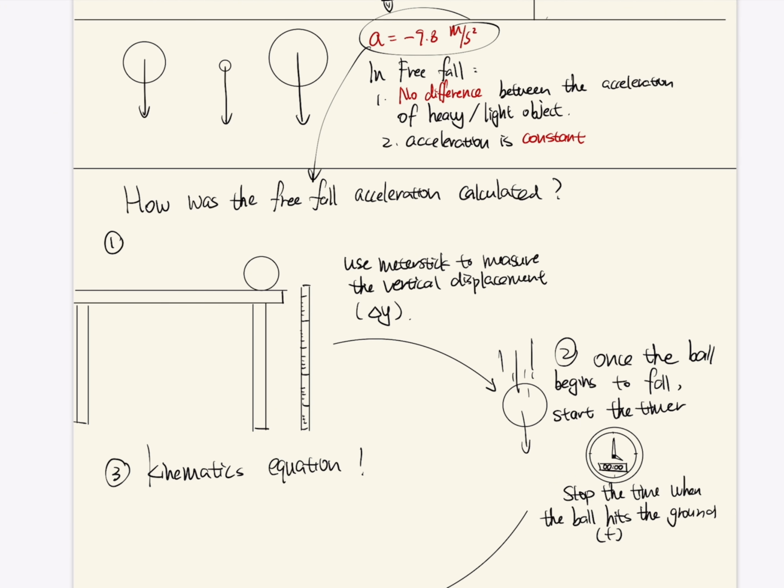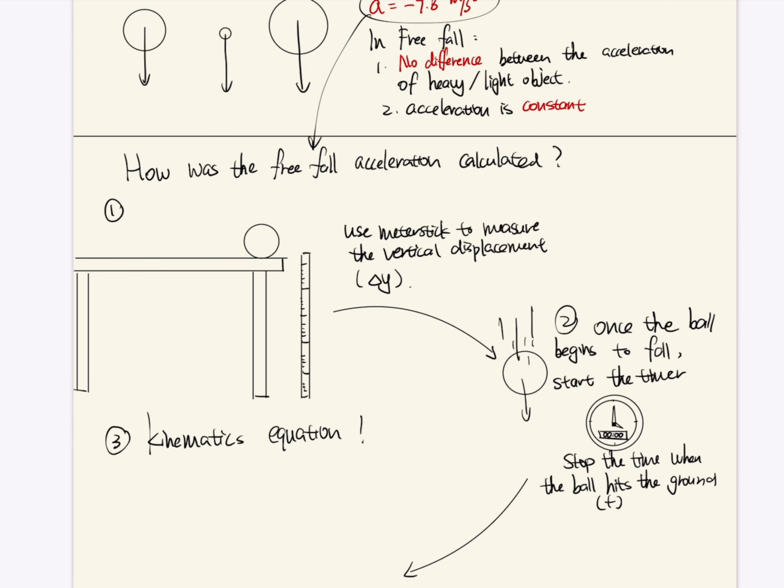After that, once the ball begins to fall, you can start the timer and stop the timer when the ball hits the ground. So you know the time interval in which the ball goes through that vertical displacement. Right? And once we collect all of the information we need, we can use a kinematic equation to calculate the acceleration of the free fall.